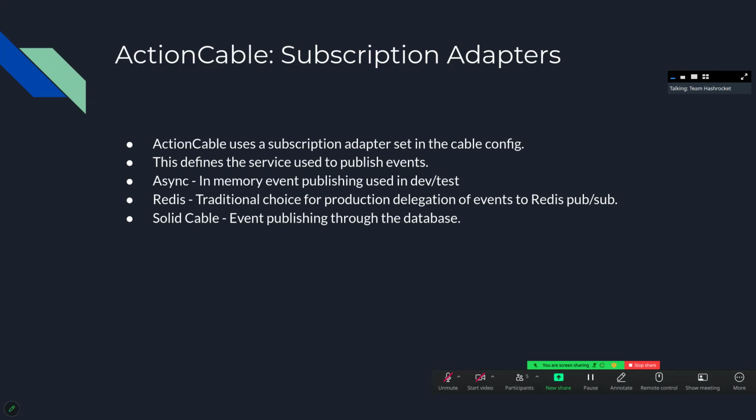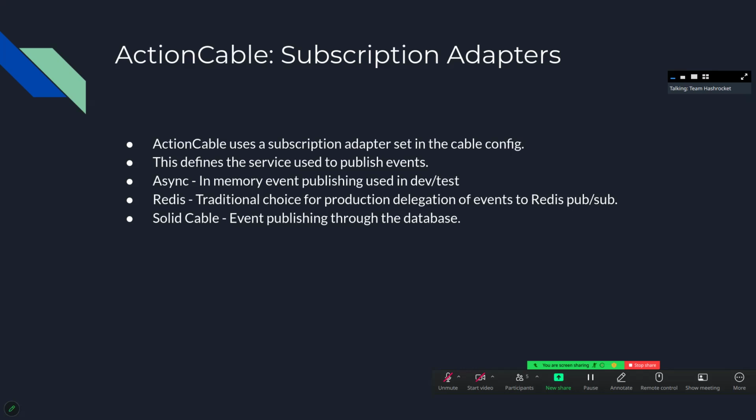Async is just handling the messages in memory, and Solid Cable is actually persisting those messages through the database and then picking them up later as needed. In older versions of Rails, we would use Redis, which is also memory, but highly efficient and comes with its own PubSub functionality. So ActionCable is just tapping into Redis with that.